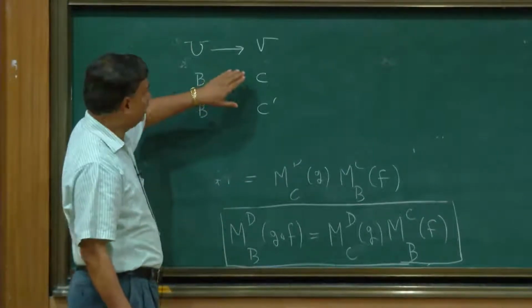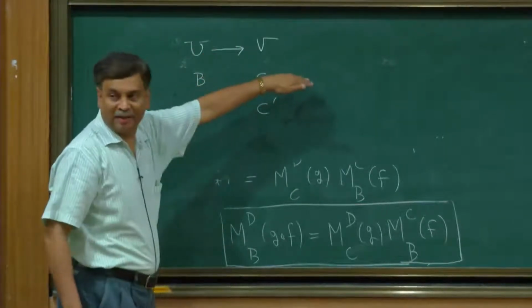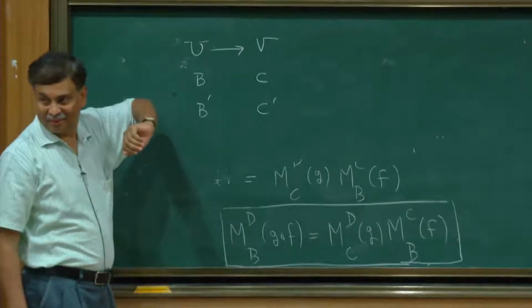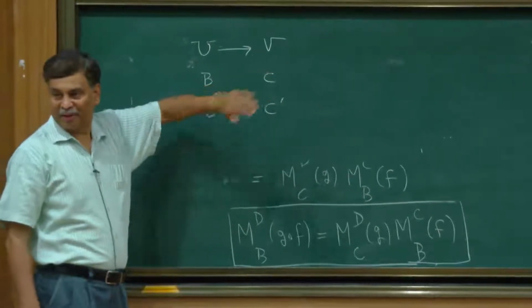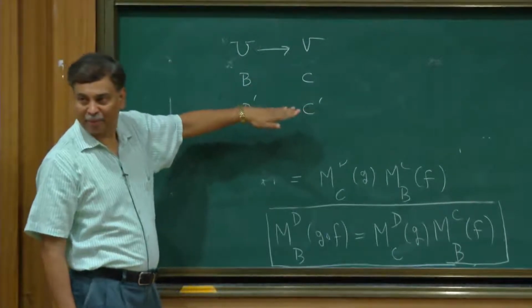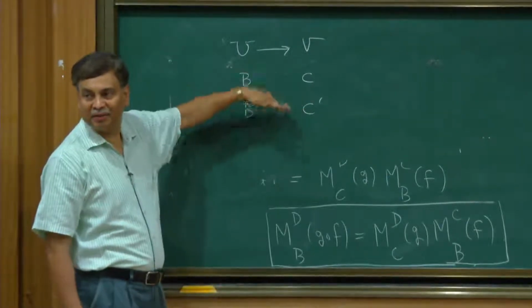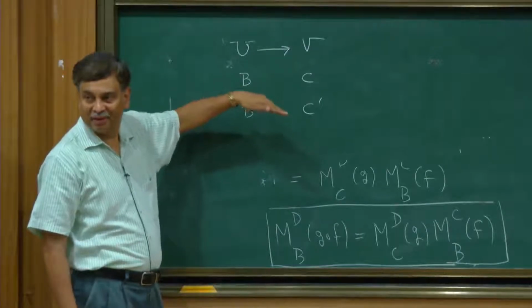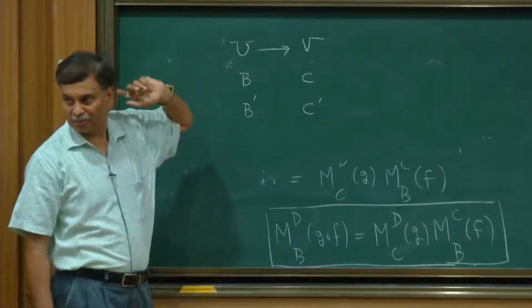Then for the same map I will get different matrices, say capital F and capital F prime. What is the relation between these two matrices? That also follows from what we just showed.